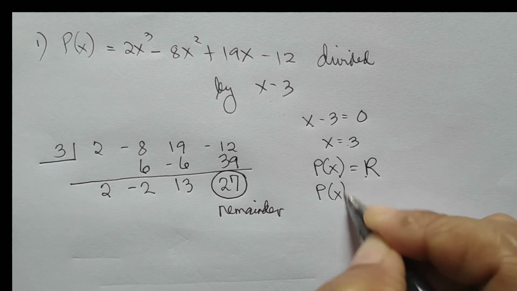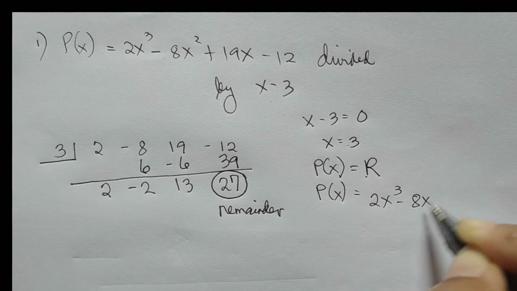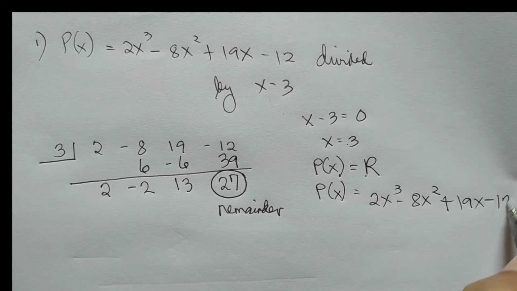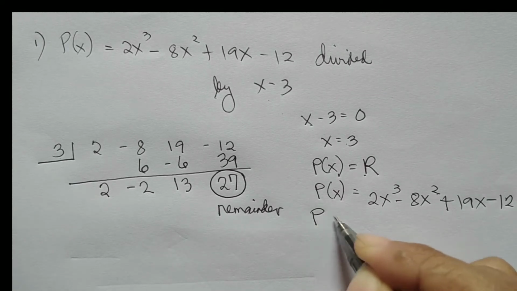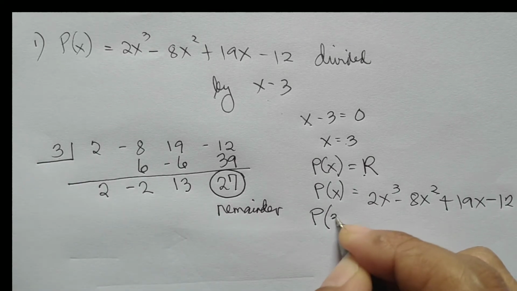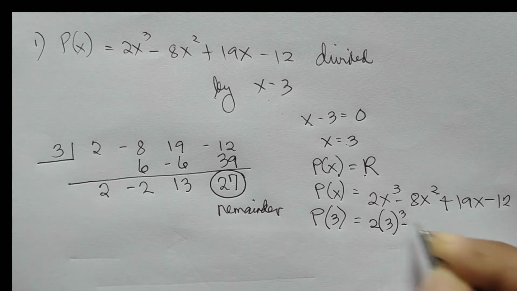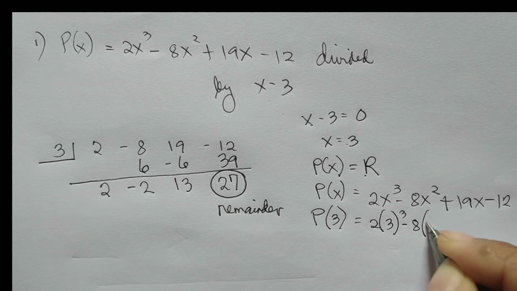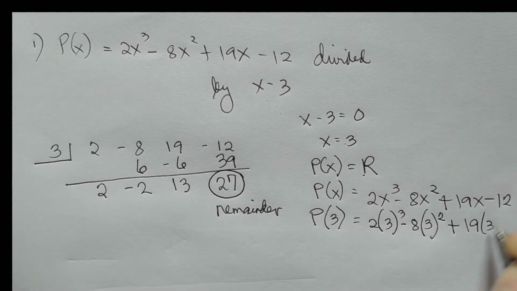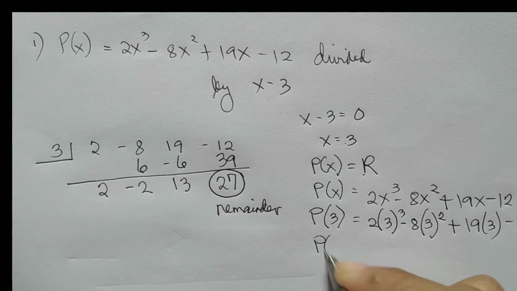P of x is equal to 2x cubed minus 8x squared plus 19x minus 12. This is our divisor, so p of 3 is equal to 2 times 3 cubed minus 8 times 3 squared plus 19 times 3 minus 12. Let us simplify.